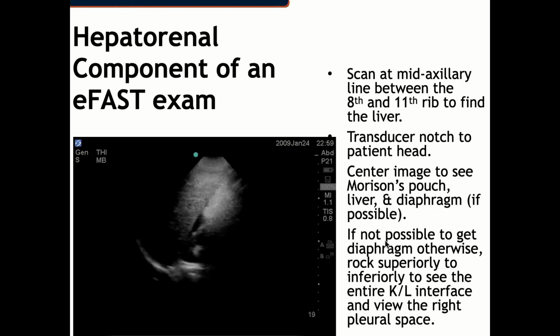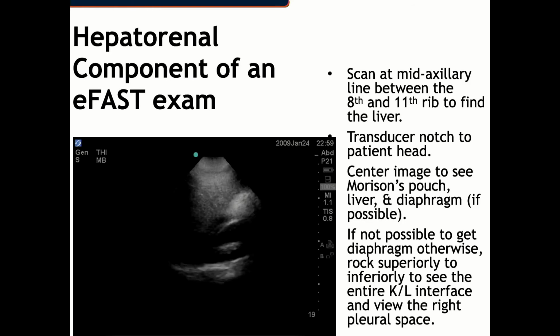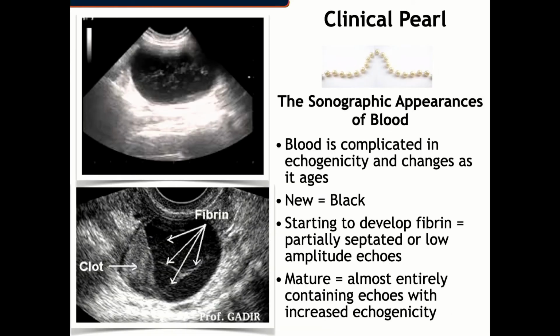From the right upper quadrant, we're going to transition, but I want to talk about a clinical pearl at this minute first. Think about what I said. I said that the potential fluid is either ascitic, clean fluid, or it's blood, hemoperitoneum.